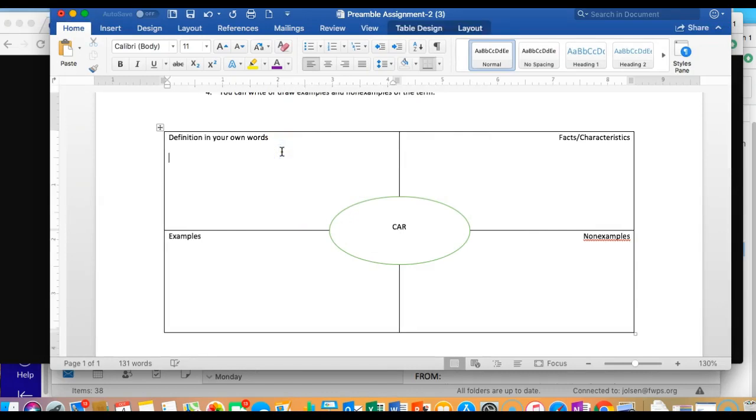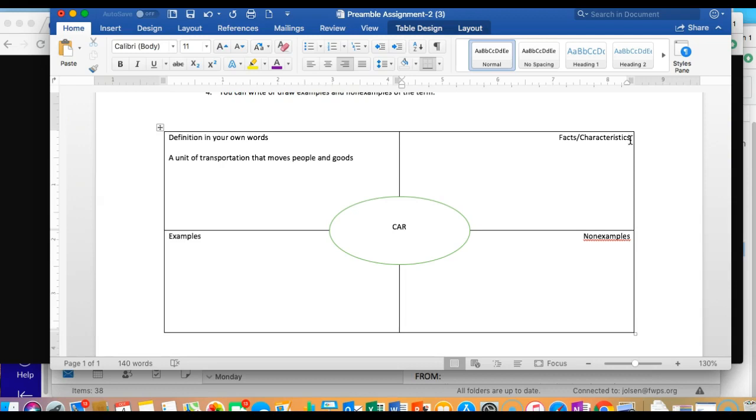And if I were to write the definition of car in my own words, I might say something like a unit of transportation that moves people and goods. Okay, now let's move to the top right, which says facts and characteristics.